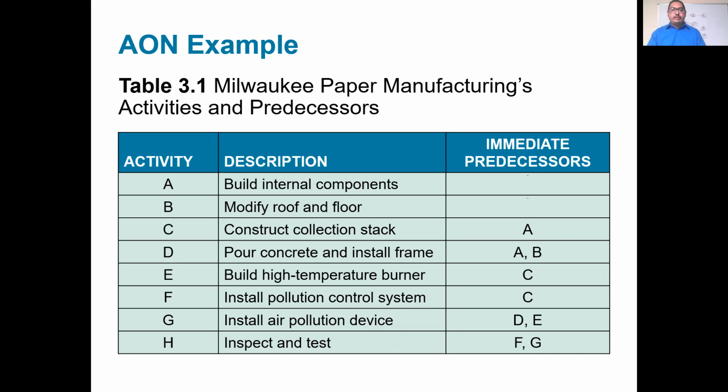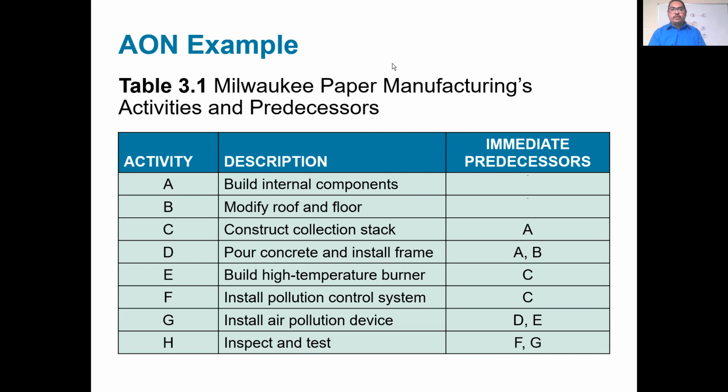This table tells us that activities A and B, building internal components and modifying roof and floor, do not have any immediate predecessor. But activity C follows activity A, right? And activity D follows activities A and B, while activity E follows activity C. Activity F follows activity C as well, and so forth.